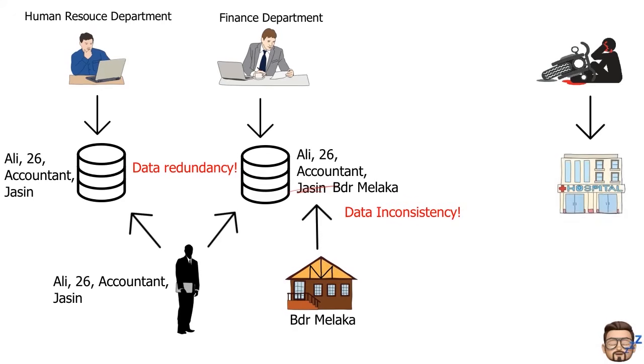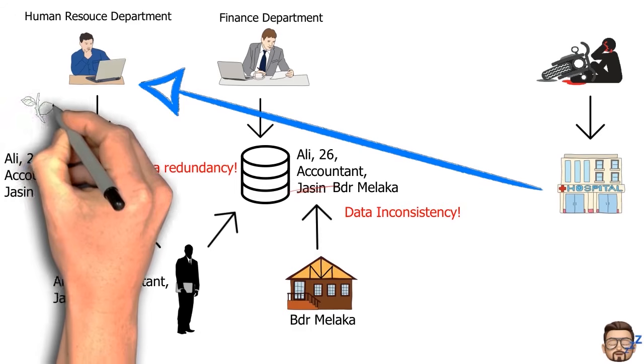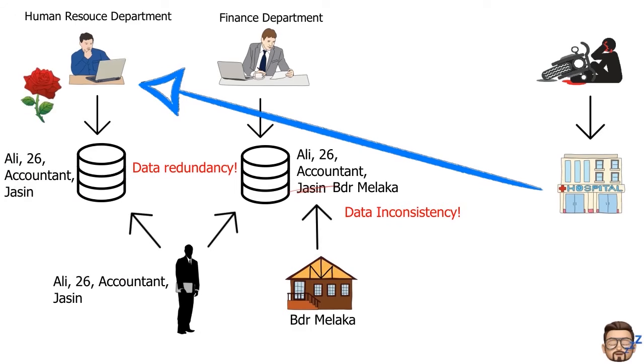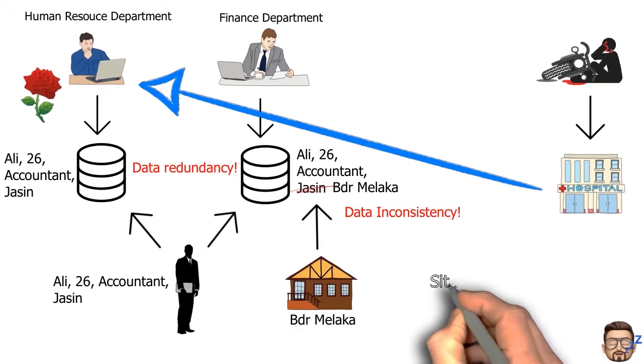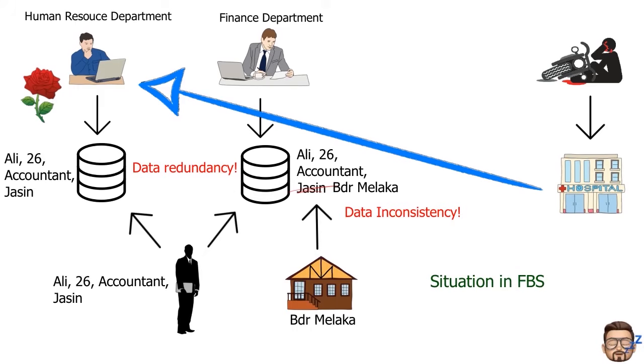Of course, the management of the hospital will contact the HR department of the company to deal with the employee's insurance. Then, the HR manager decided to send some get-well flowers to Ali's house. Where will they send it? Of course, to the address in the HR database, where Ali is no longer there. That's the situation of a file-based system.